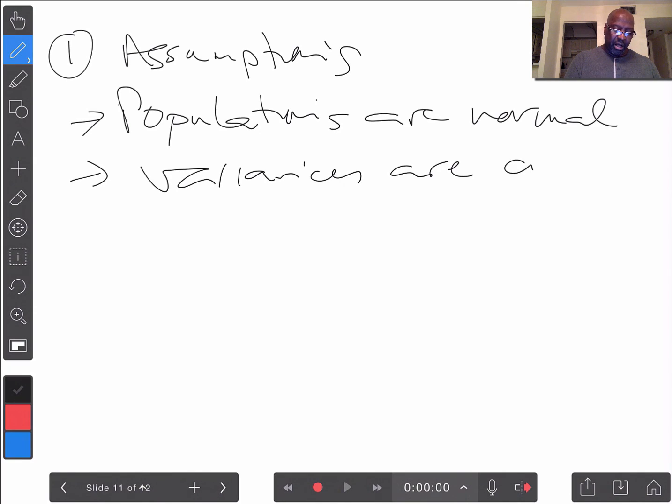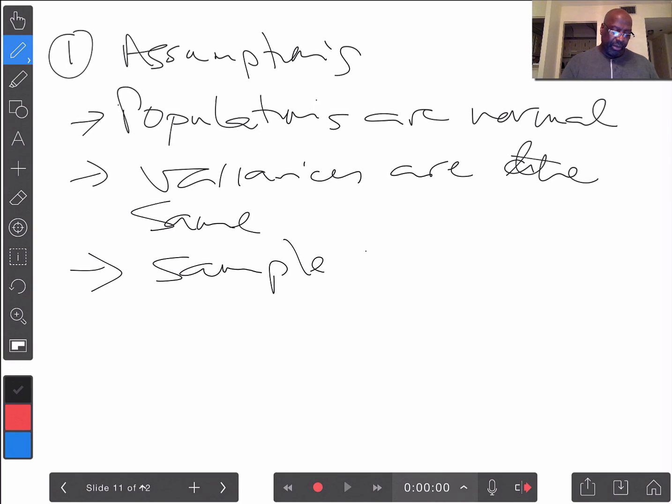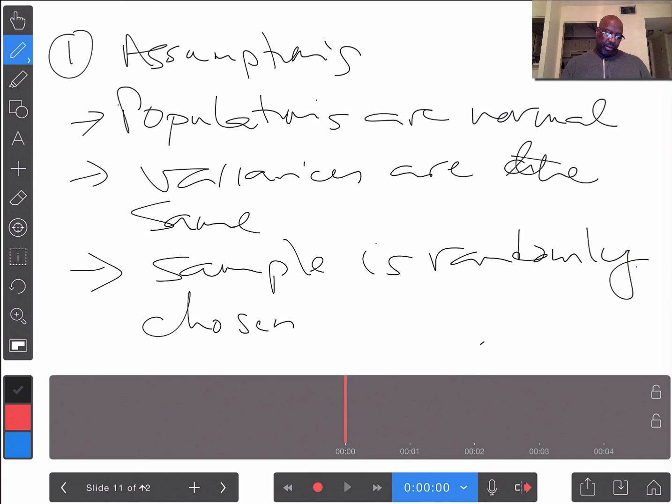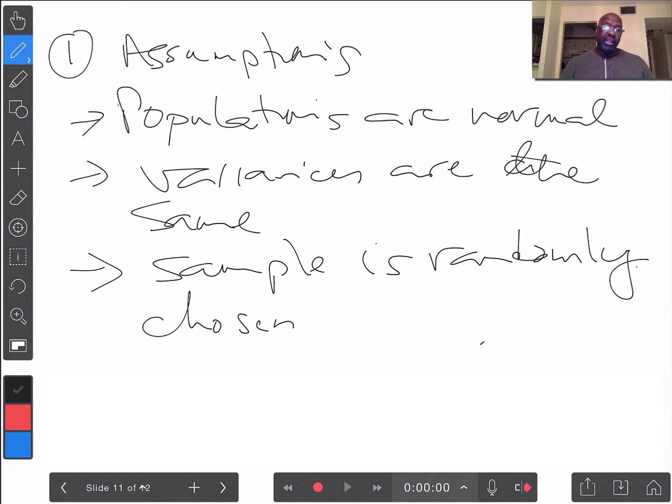Population variances are the same. And then the sample, in this case it's just a single sample, is randomly chosen. In other words, you didn't pick a set of cars that you know would bias the results. So those are some of the assumptions that we make for this particular problem.